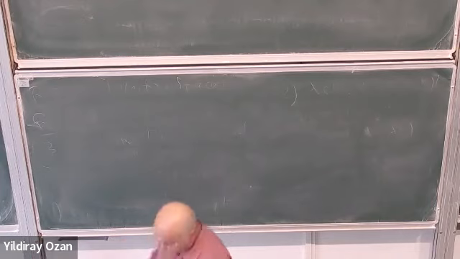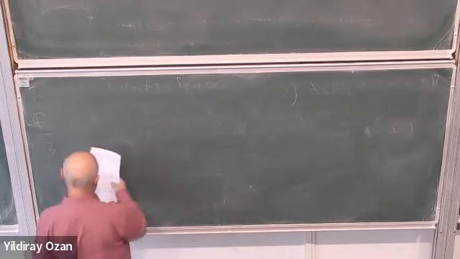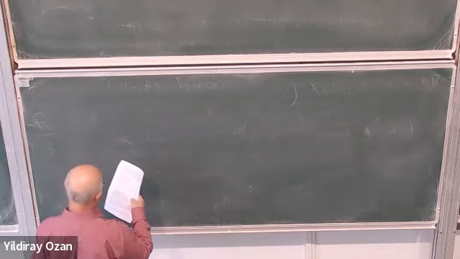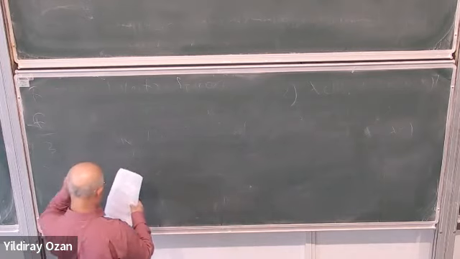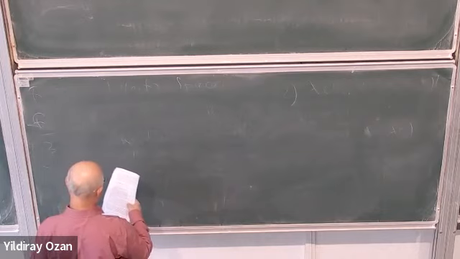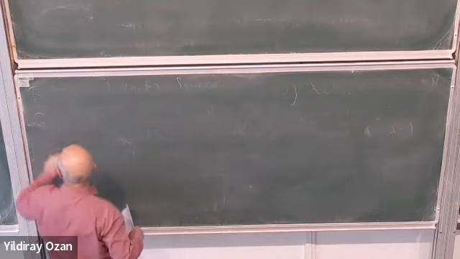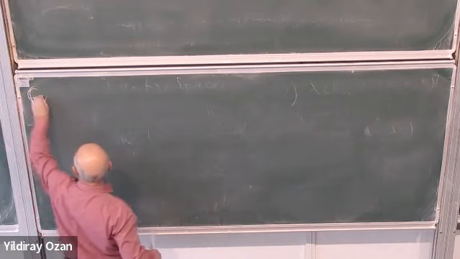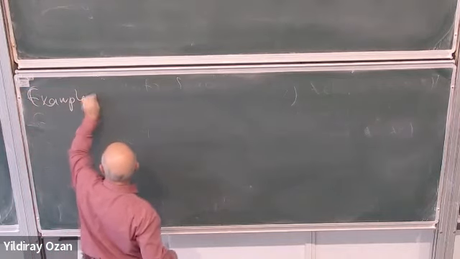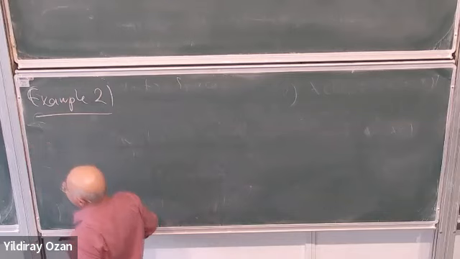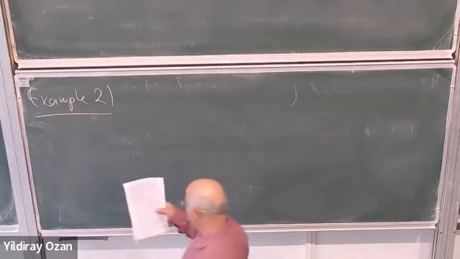Okay. Another example of vector space is this. Example 2. Right, that was example 1, example 2.